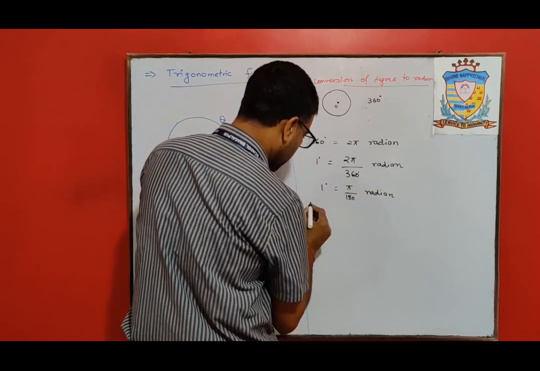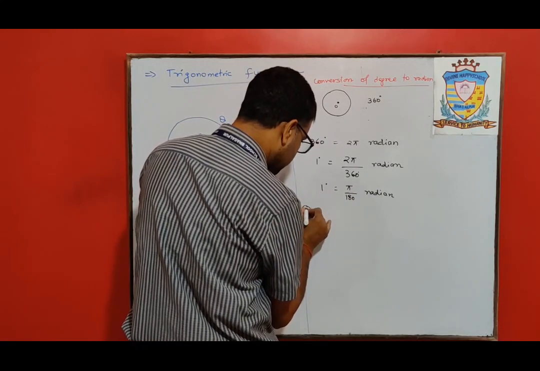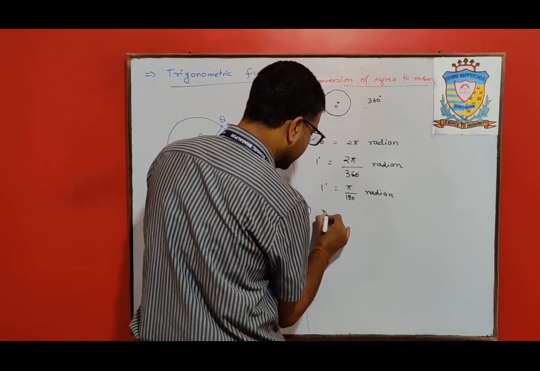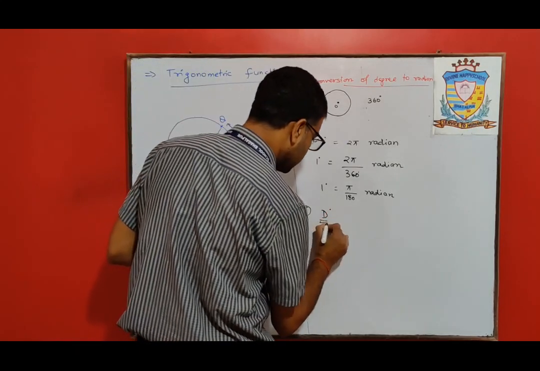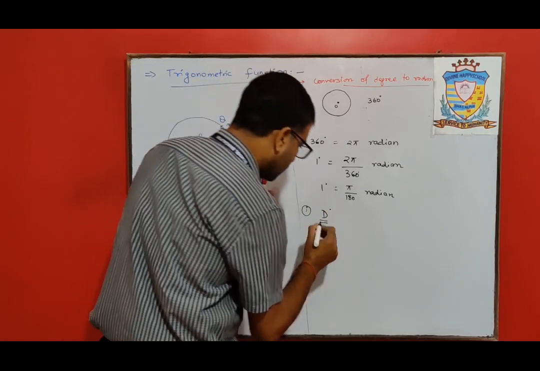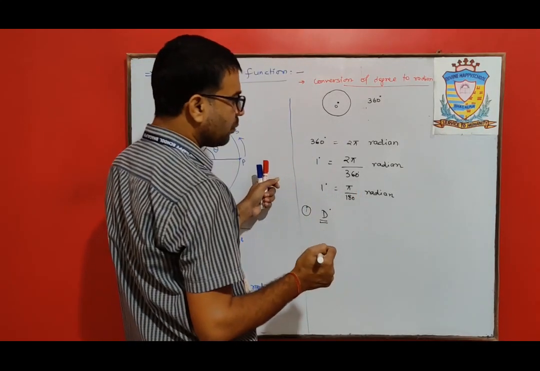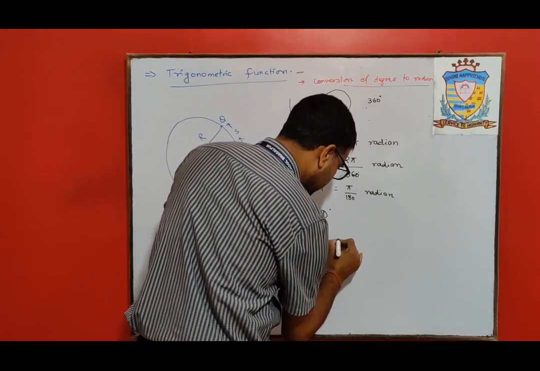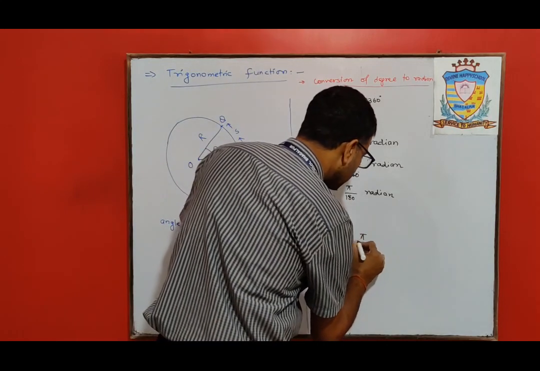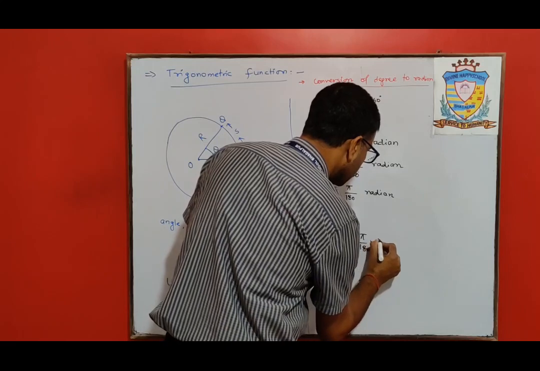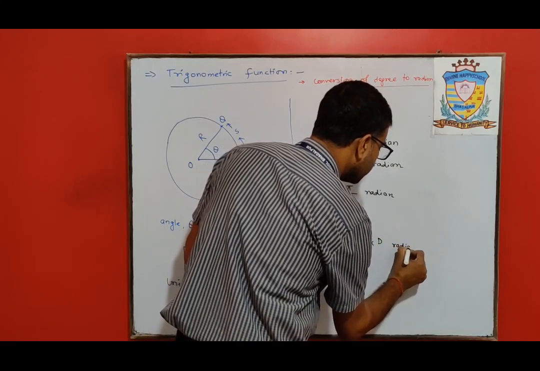Suppose we have the first example: we have d degree. Convert d degree into radian. So if 1 degree is equal to pi upon 180 radian, therefore d degree can be written as pi upon 180 into d radian.